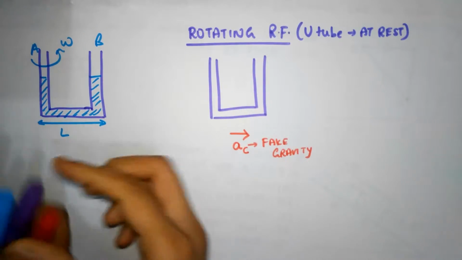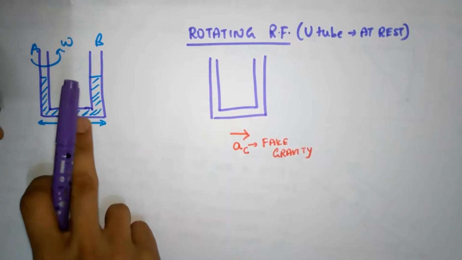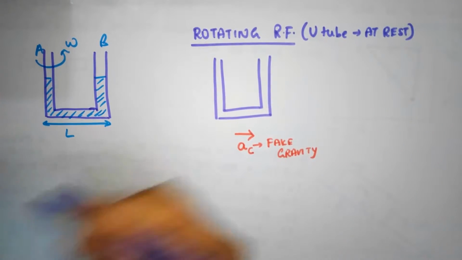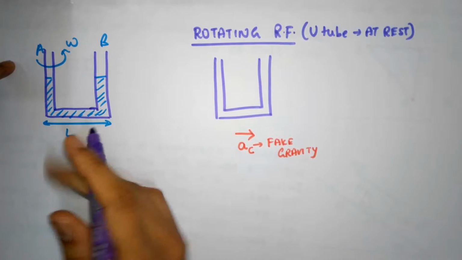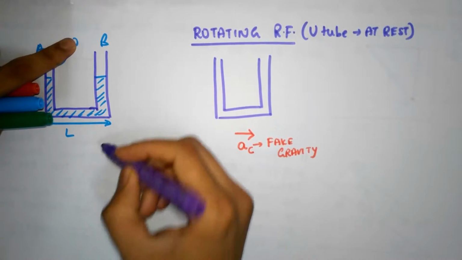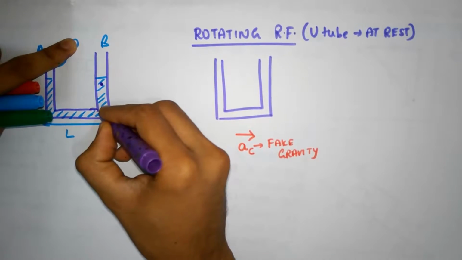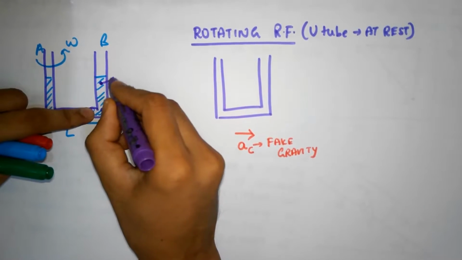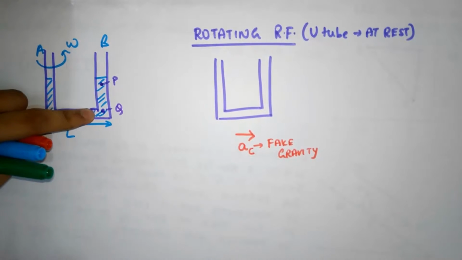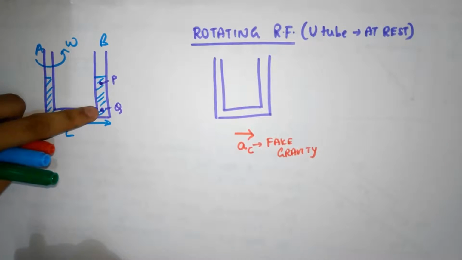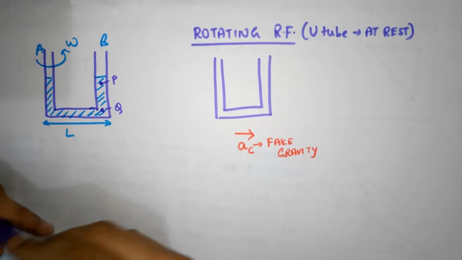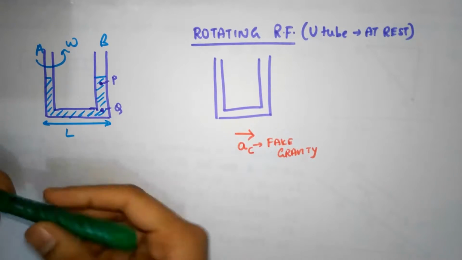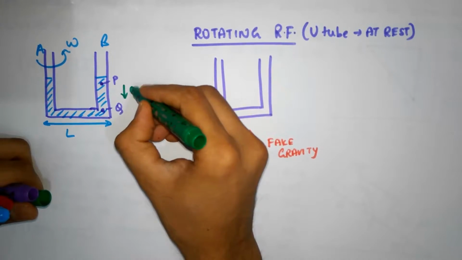Okay, here if we went back to our fluids and we went back to lab reference frame, and for a while let's forget about rotation, and if I picked any 2 points in the fluid over here, so let's call this point as P and let's call this point as Q, you know that the pressure at Q is higher than the pressure at P because there exists a gravitational field downwards.